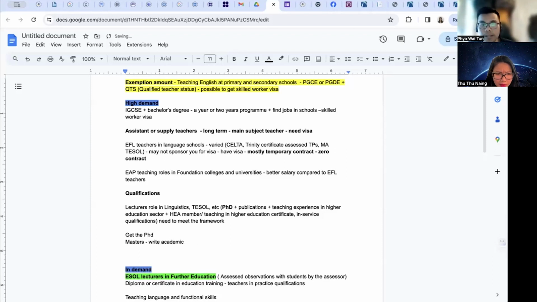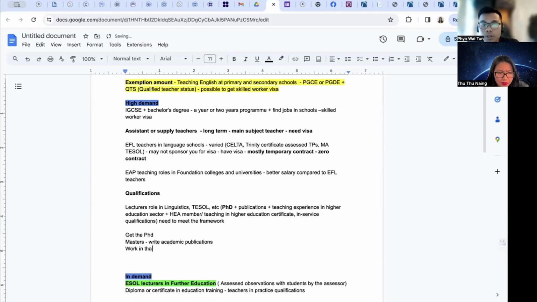If we got a master's degree from the UK, then it's possible to get a teaching job in higher education in other Asian countries. It depends on how experienced you are and how you present yourself in interviews or job applications. So we need at least a master's degree, then experience of teaching in higher education, and while doing that, we need to publish academic papers.